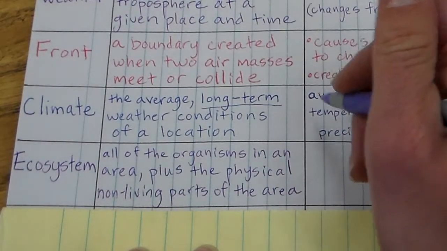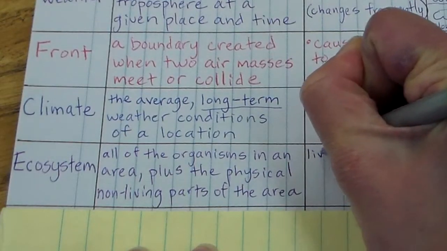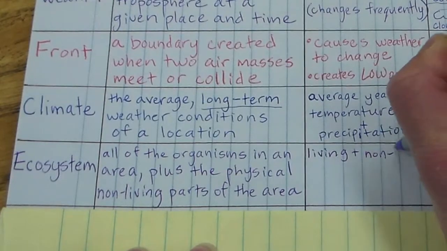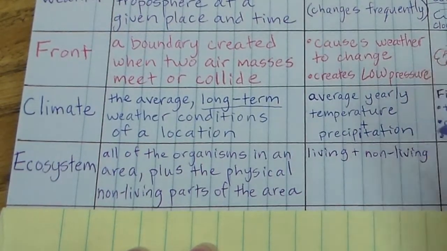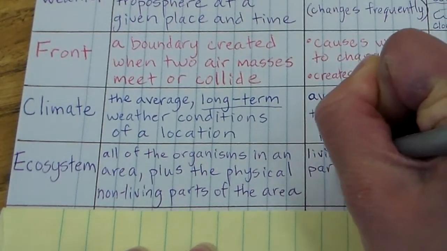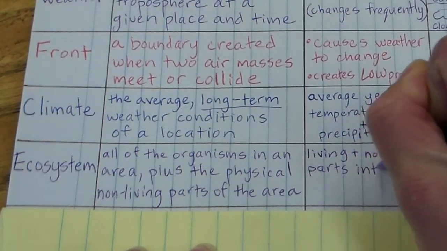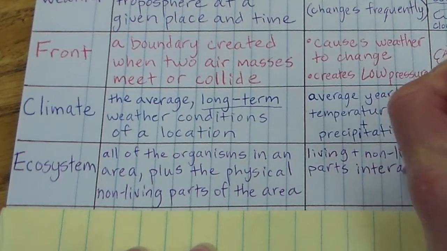So I'm going to write in the details box that living and non-living parts, right? So the living and non-living parts of an ecosystem, they interact.